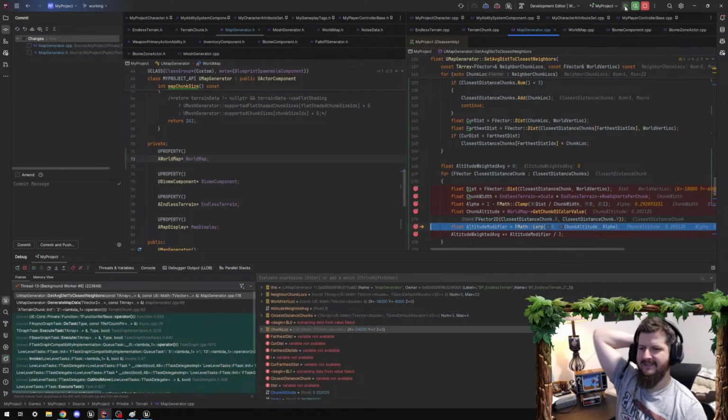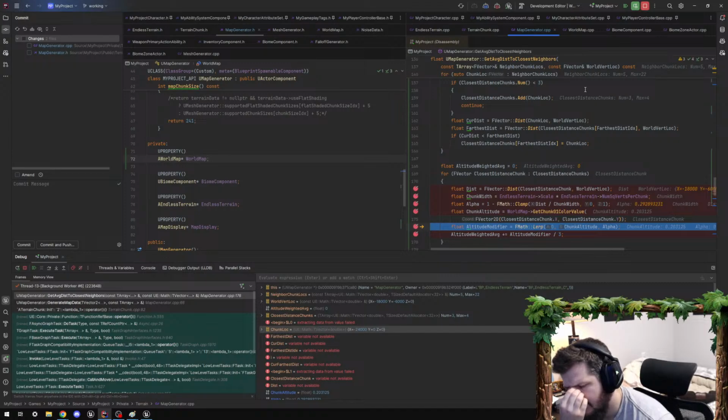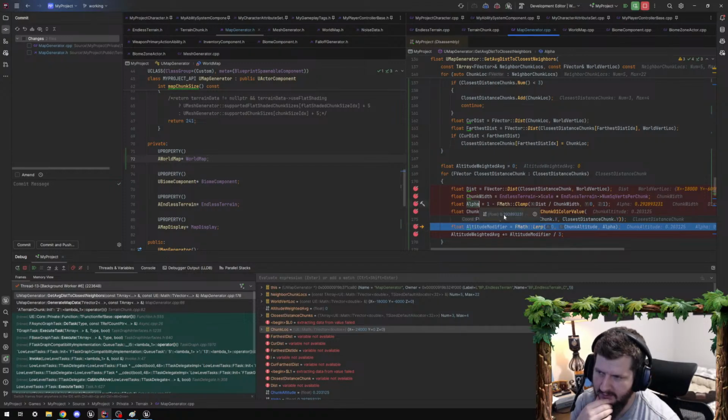Why is this jumping around? Oh, because it's happening async, right? Yeah, so this is happening for a lot of different chunks. And so my alpha is 0.29.